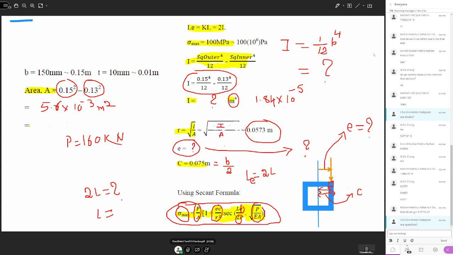But since the load is acting at the midpoint of the thickness, and the width is 150 mm and thickness is 10 mm, it is acting 5 mm from the edge. Half of 150 is 75, so 75 minus 5 mm gives you 70 mm. Is that clear?